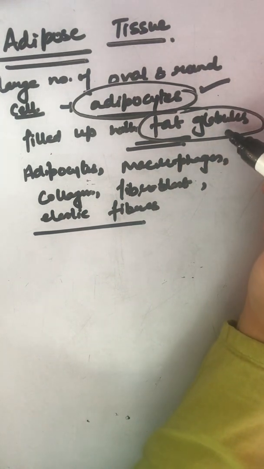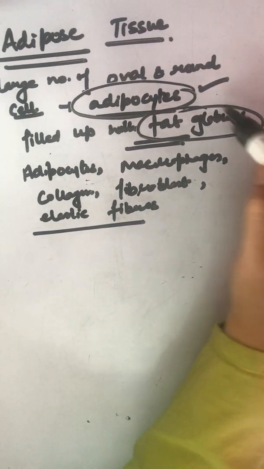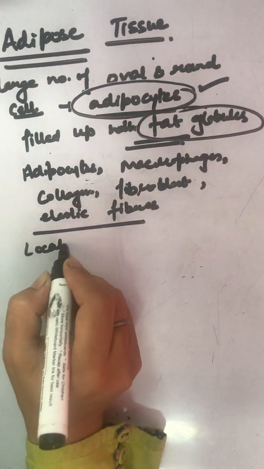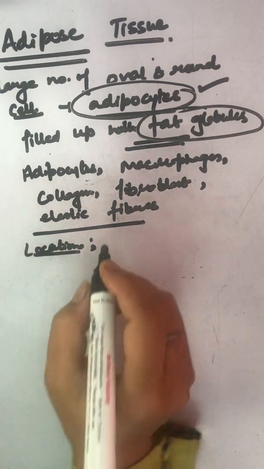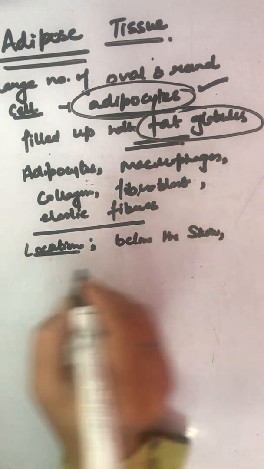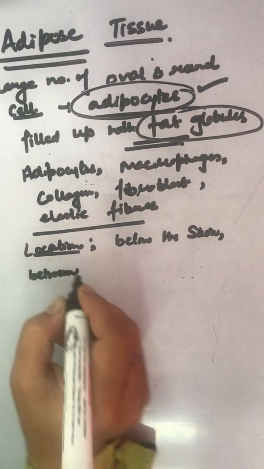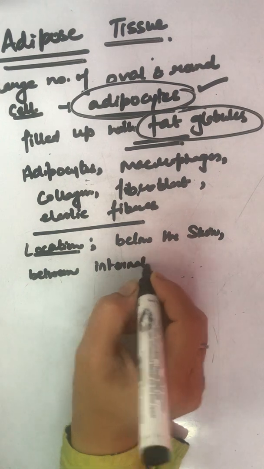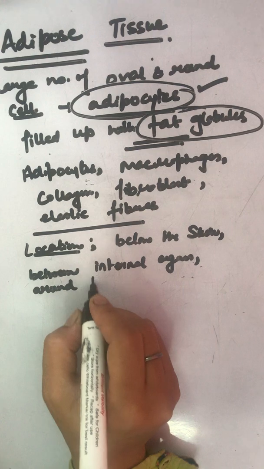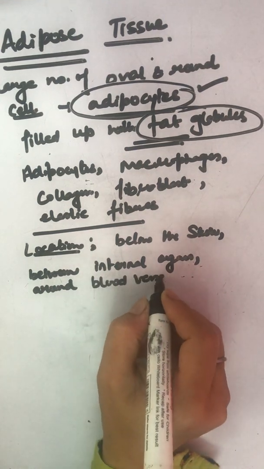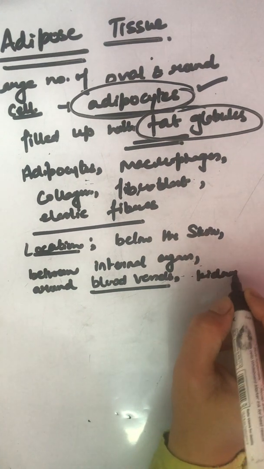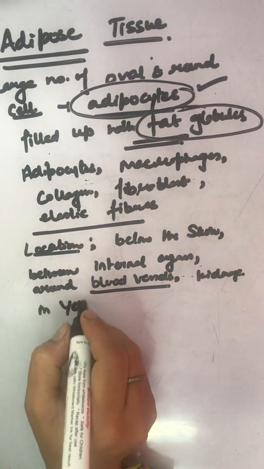Because these are the fat storing globules which are the characteristic feature of adipose tissue. Then its location. Where does it occur? Below the skin, between internal organs, around blood vessels, around kidneys as well, in yellow bone marrow.